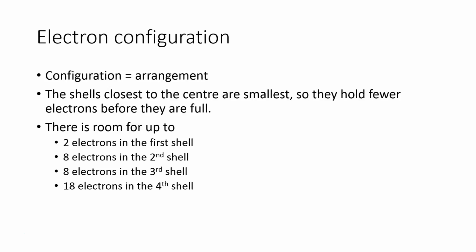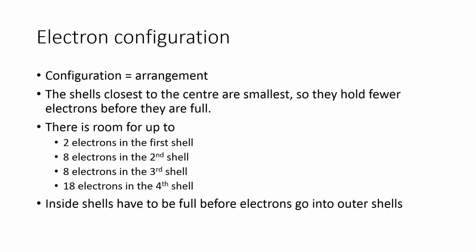The largest atoms known to us are 7 shells. However, nobody is ever going to ask you to draw an atom larger than calcium, so you don't need to remember what happens after the 4th shell. Finally, the inside shells have to be full before electrons can start filling the outer shells. That's another rule for you.